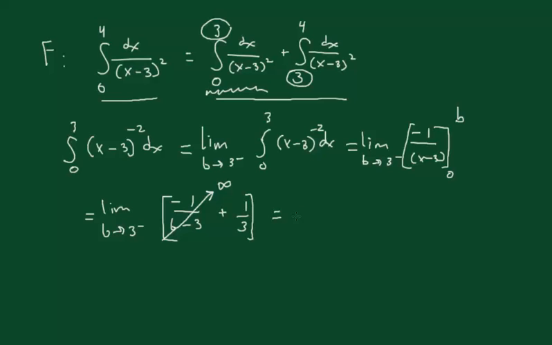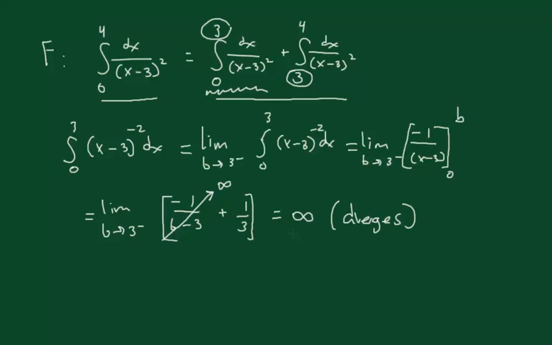The minute you have infinity, infinity plus 3, infinity minus something, it doesn't matter. Infinity is unbounded. So this portion diverges, this integral diverges.